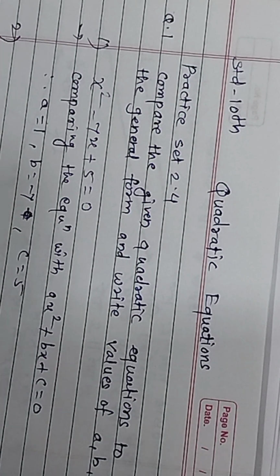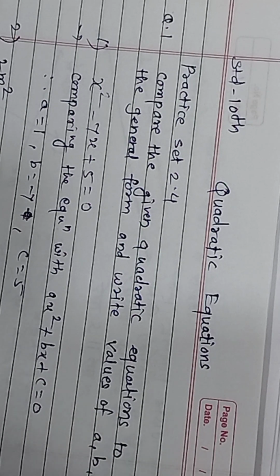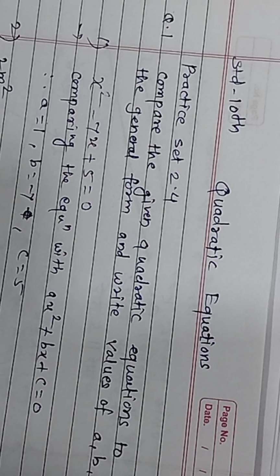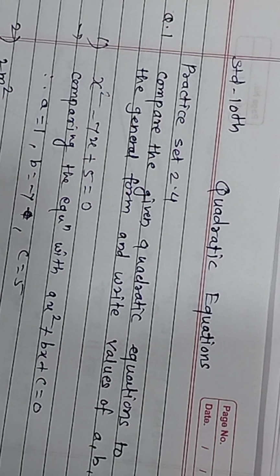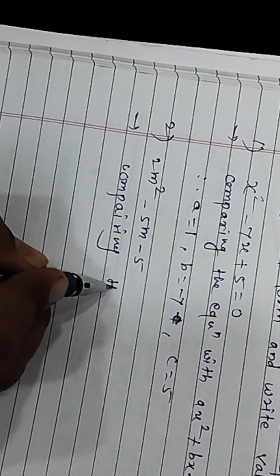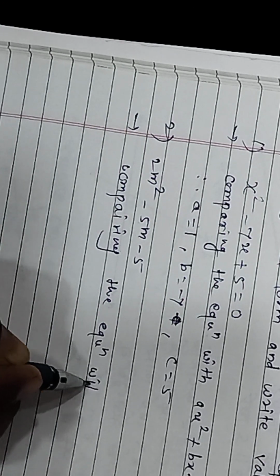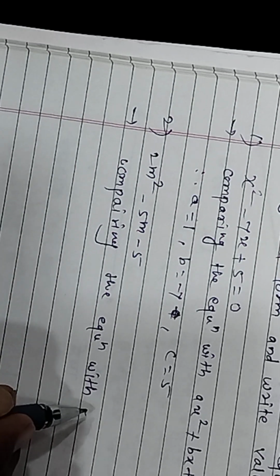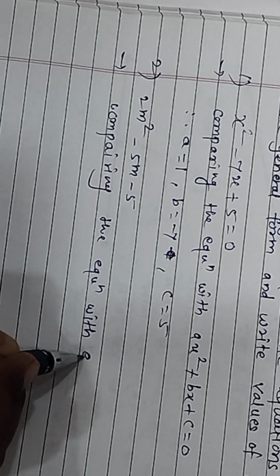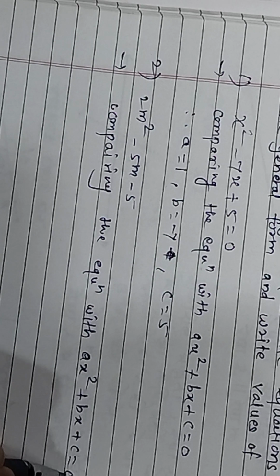Second example is 2m square minus 5m minus 5. Here compare this equation with the general form of quadratic equation, that is ax square plus bx plus c is equal to 0.